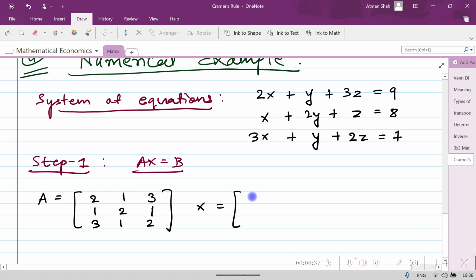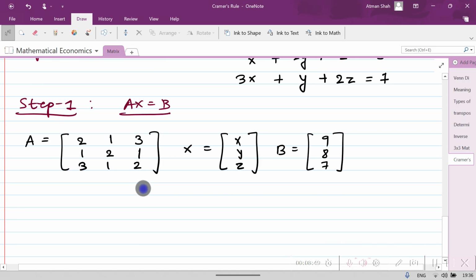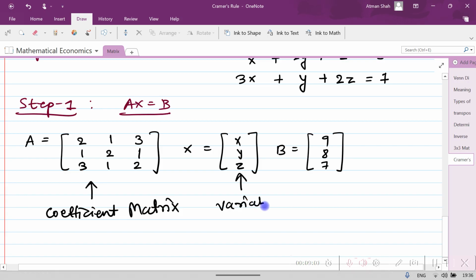X is equal to x, y, and z, and B is equal to 9, 8, 7. So here we have the coefficient matrix, the variable matrix, and this is the constant matrix.